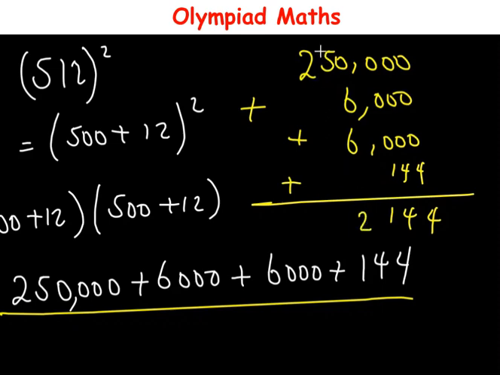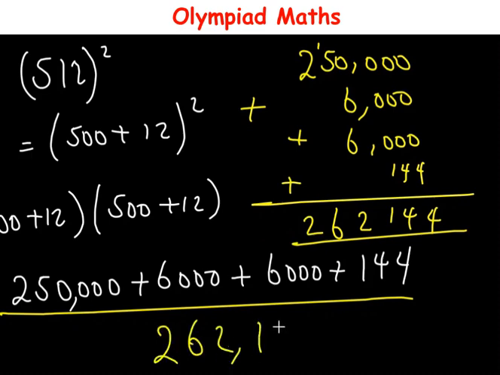We have 2, 1, 1 plus 5 is 6, then 2. So this is the final answer. The final answer becomes 262,144, and this is the final answer to the given question.